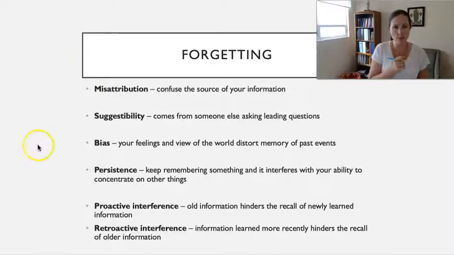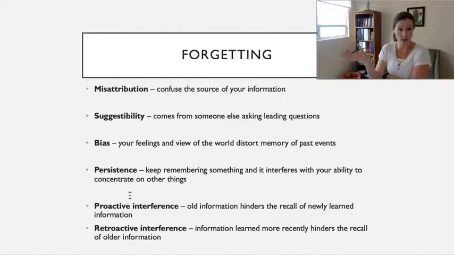Next problem with memory we're going to talk about, not technically some of the sins of memory, just other issues, are interference. You can have proactive interference or retroactive interference. Proactive interference is when old information hinders the recall of newly learned information. And retroactive is the opposite. It's when new information hinders the recall of older information.